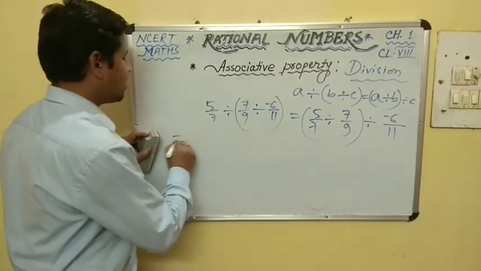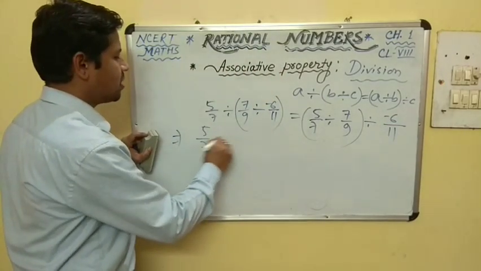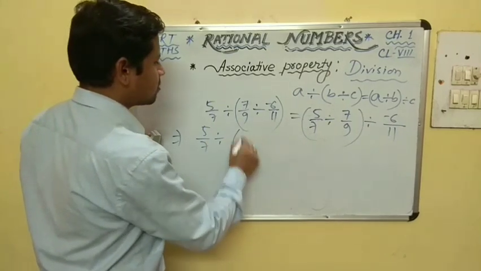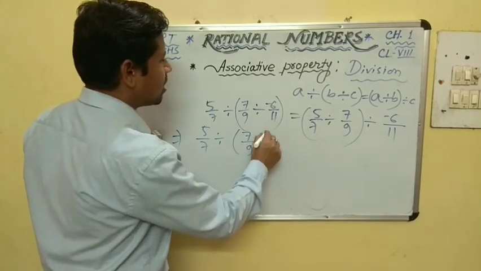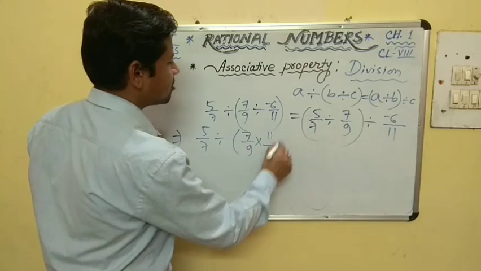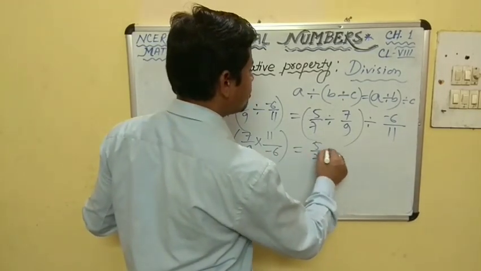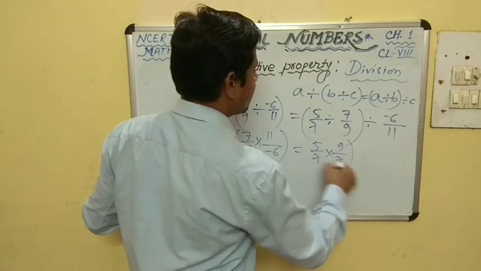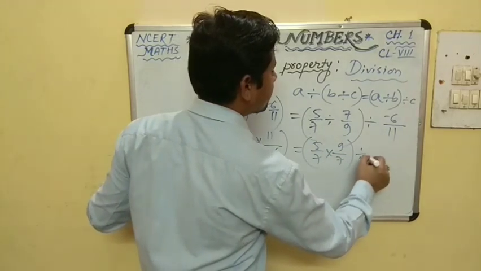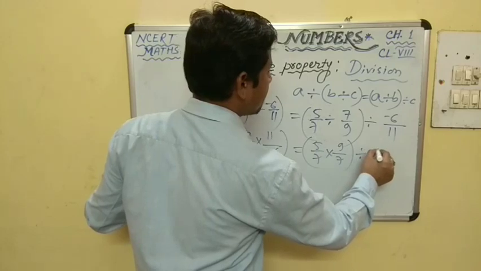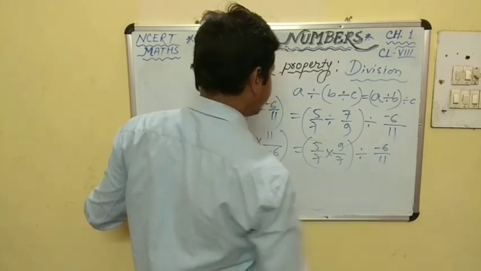So be careful here about the calculation. Divided by here, 7 upon 9 into 11 by minus 6 will be there. Here will be 5 by 7 into 9 by 7 divided by minus 6 upon 11.